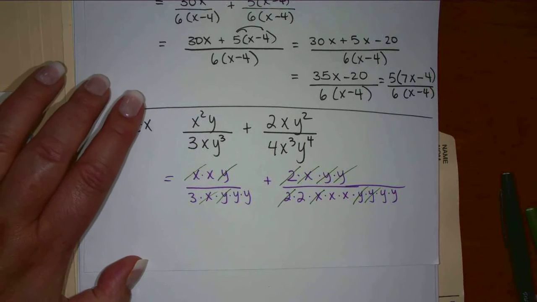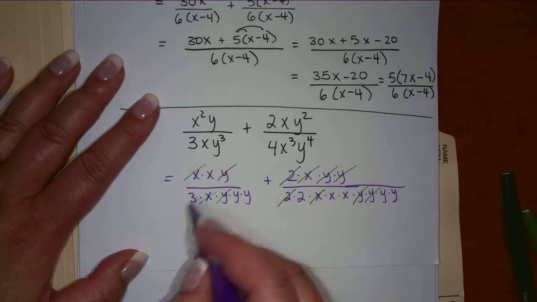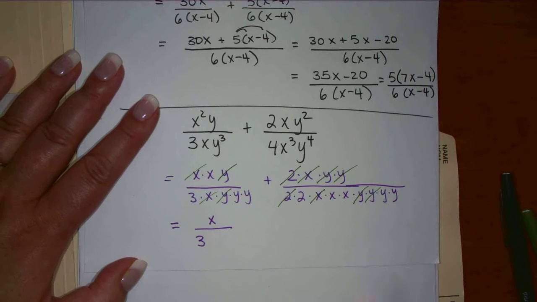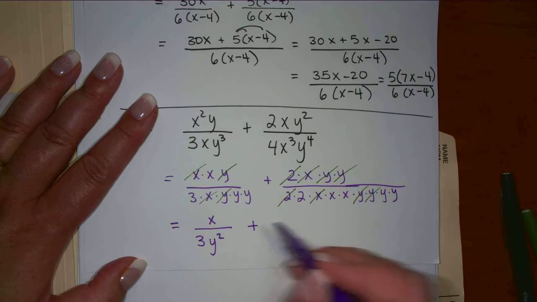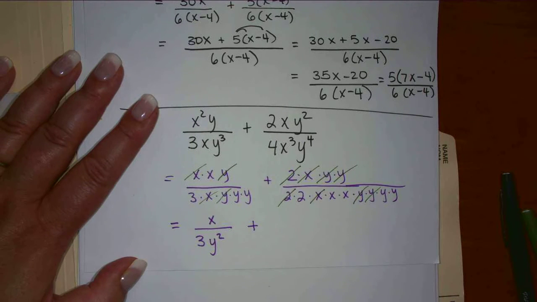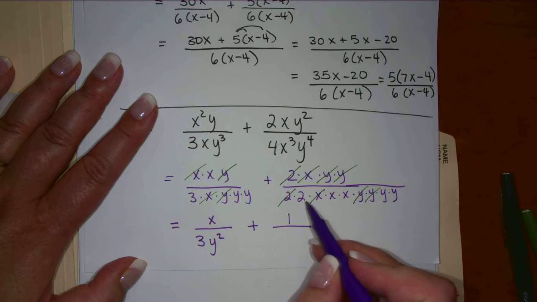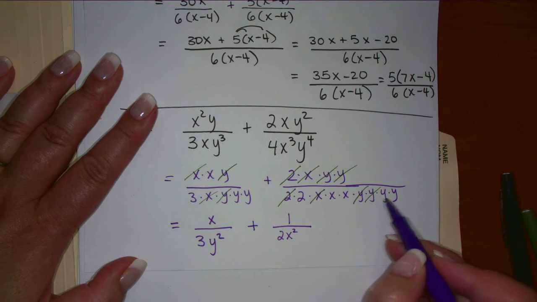So let's put them back as exponents, and I want you to look at what we have. So x over 3, y times y would be y squared. Nothing on the top, 1. 2, x times x is x squared, y times y is y squared.